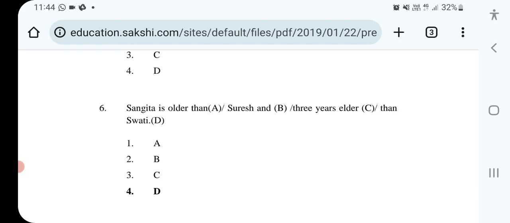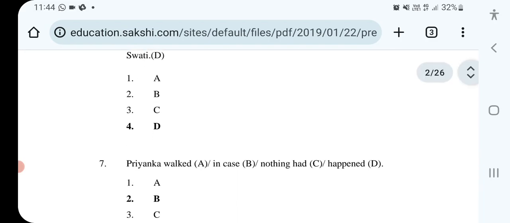He is elder to me. Junior to me, senior to me. I think so. That's why the Swati part is the error. Elder to Swati. Maybe I have doubt in this.